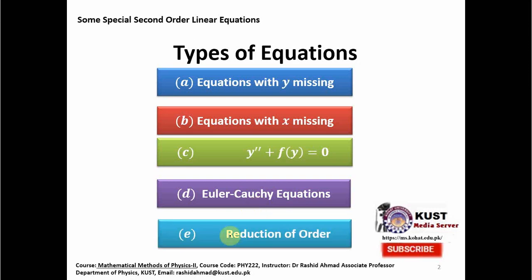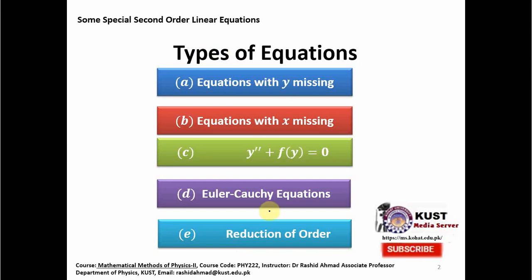And in the last we will see another type of equations where we can reduce the order of an equation. For example, we can reduce it from the second order to a first order linear equation, and then the solutions are quite easy. There are also other types of equations.